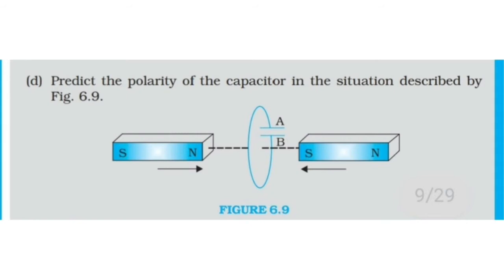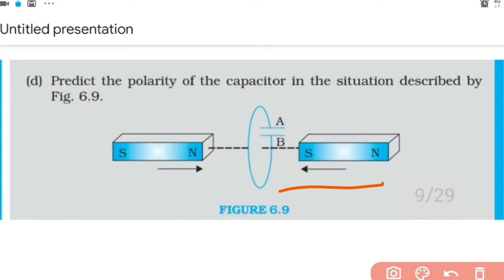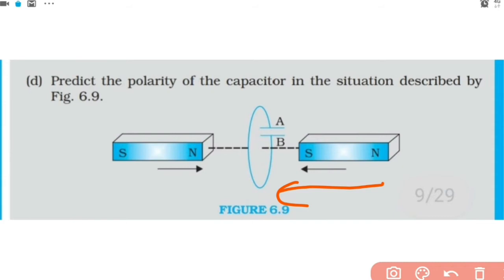So we will speak in terms of the approach of one bar magnet. We will consider the bar magnet which is approaching the closed loop from the right side. We can see that the south pole is approaching. When the south pole is approaching the loop, it should oppose that approaching. So to oppose that, on the right side of this loop there should be a south pole induced, because then only south and south will repel.